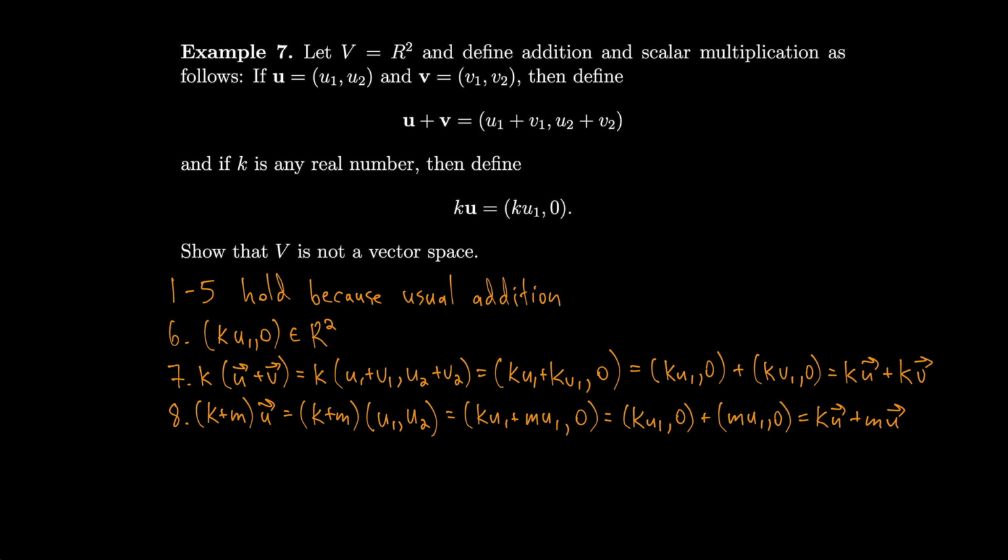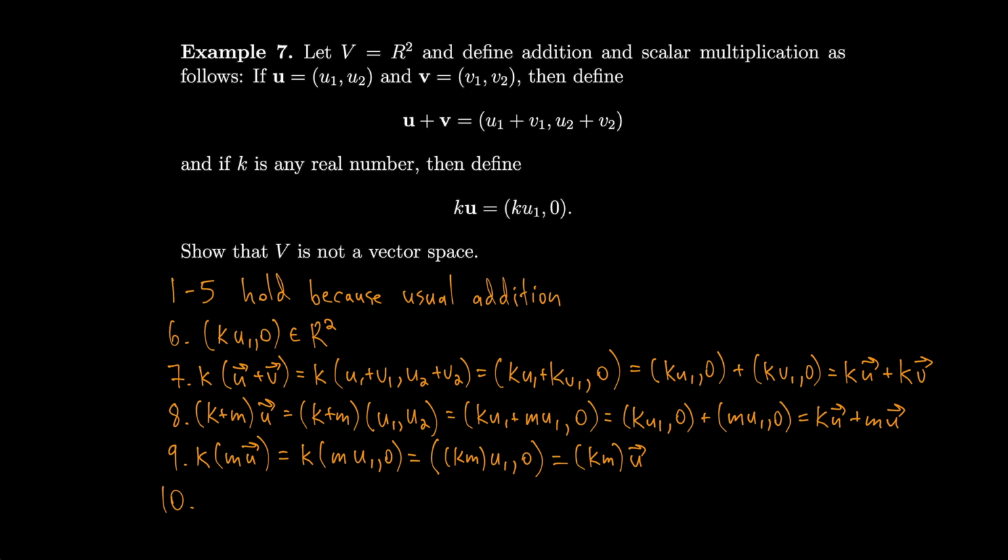Alright, so that works. How about k times mu? So that would be k times m u1, 0, but that would just be km u1, 0, which is kmu, so that works.